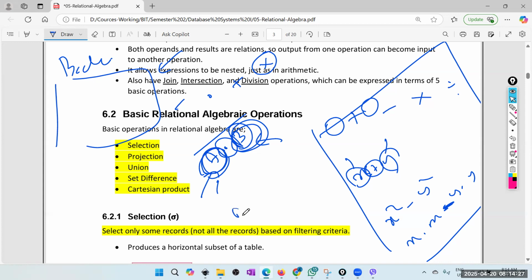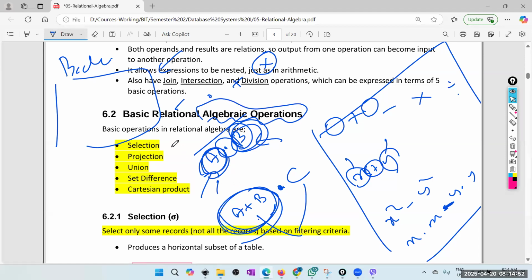Just like we can write A plus B dot C, where the AND operation is on the result of the previous operation, similarly we can do the same thing with relational algebraic theory. First, we will look at the relational algebraic operations. The operations are selection, projection, union, set difference, and Cartesian product.